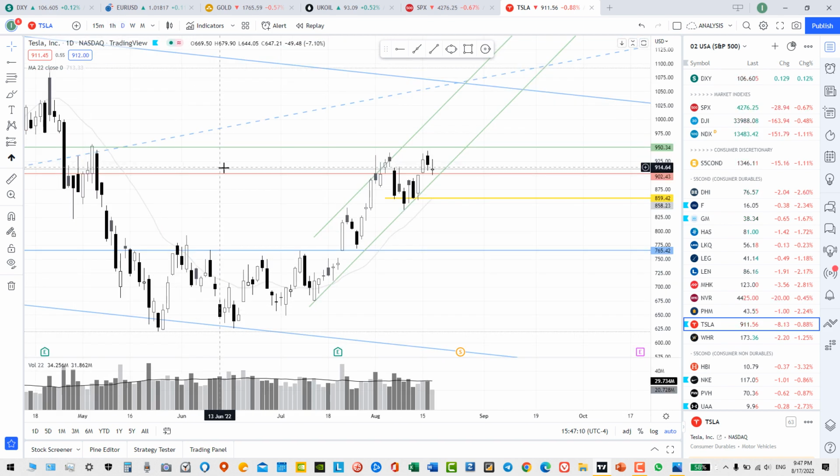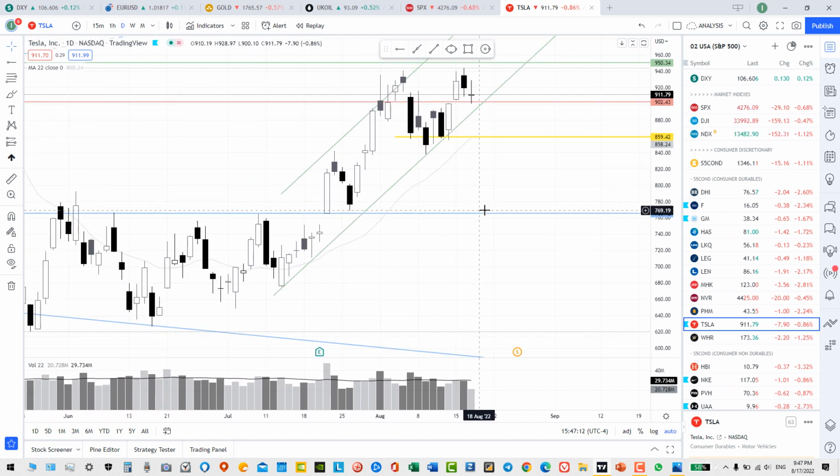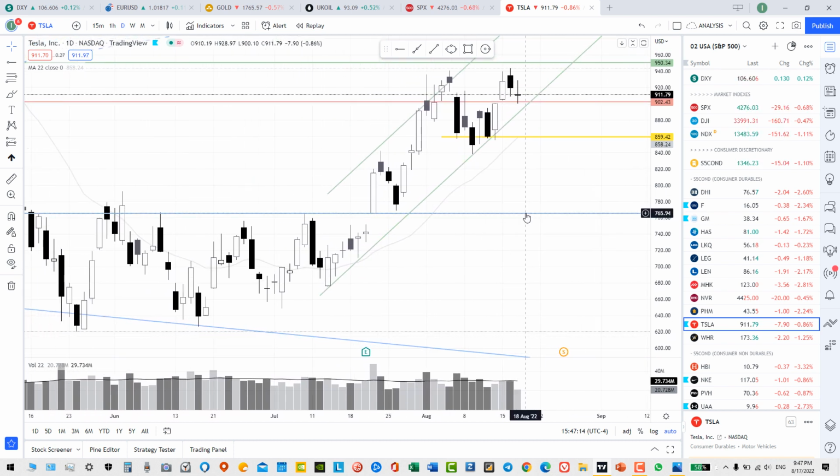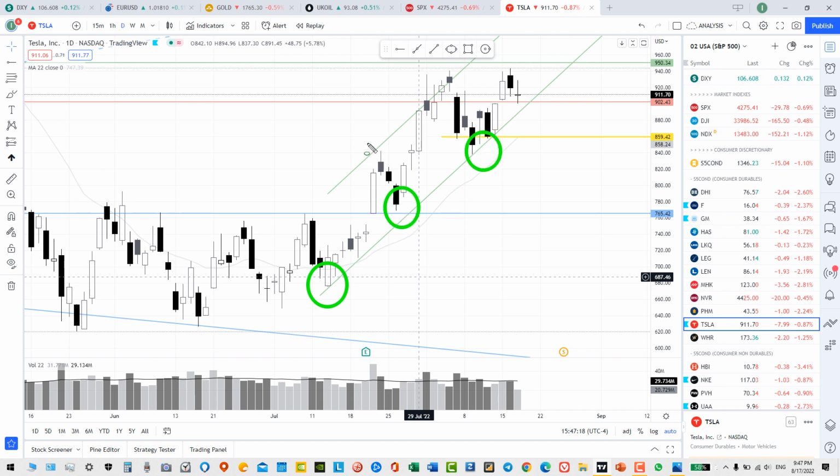We can notice that over the daily chart, the corrective wave is well established, forming increasing higher lows as well as higher highs over the very short term.